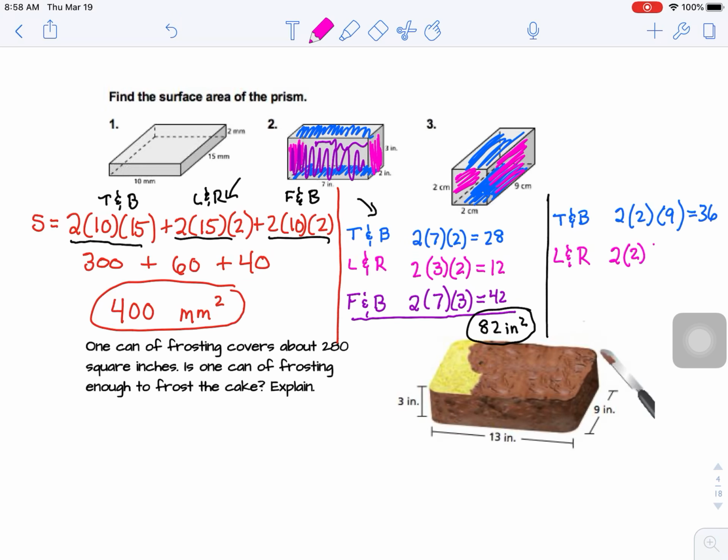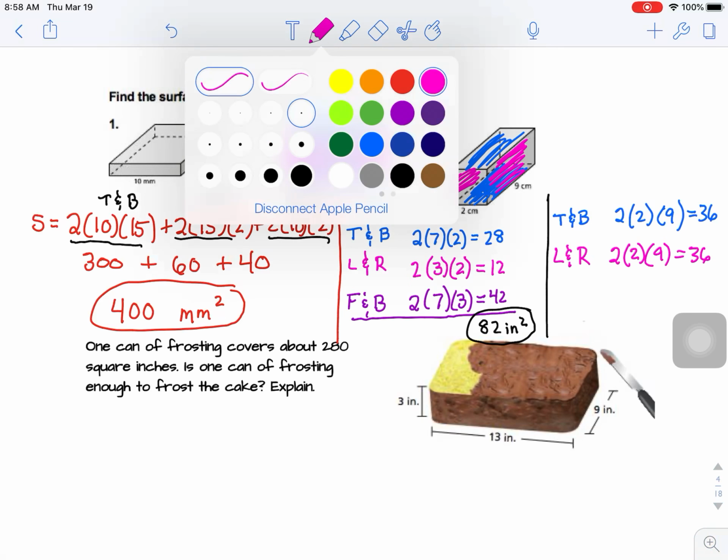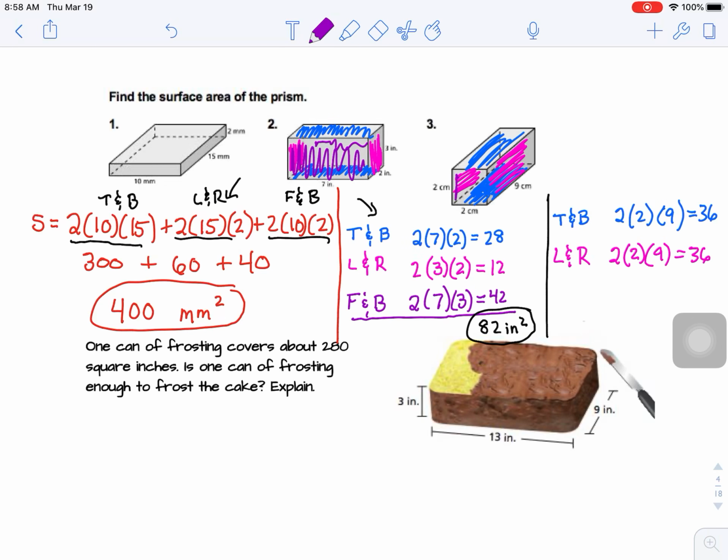These are the same, 2 times 9, so we get 36. And then I get the front and back, which is 2 times 2 times 2, which gives me a total of 8. When we add these together, we get a total of 80 centimeters squared.